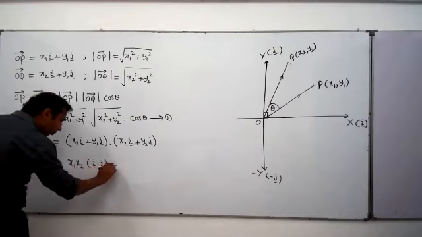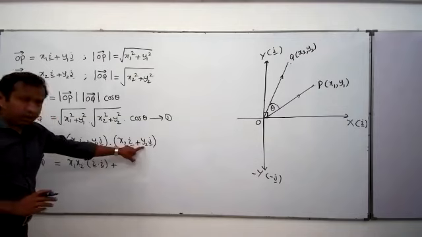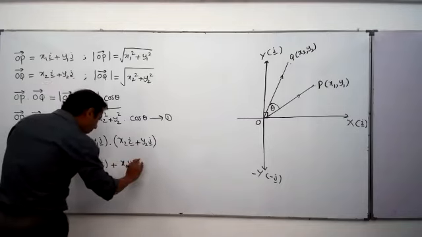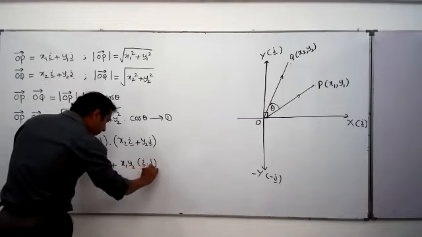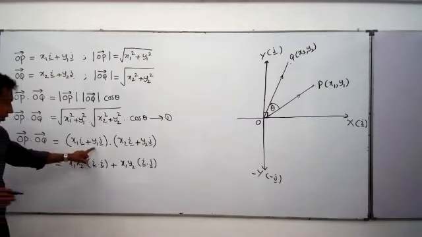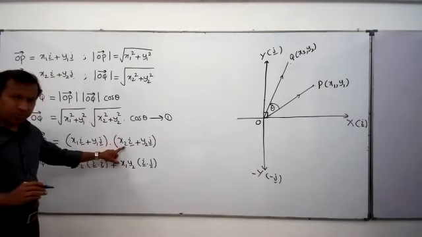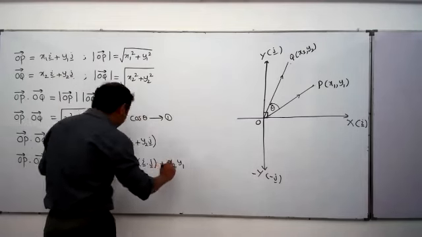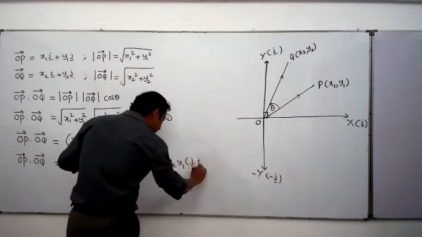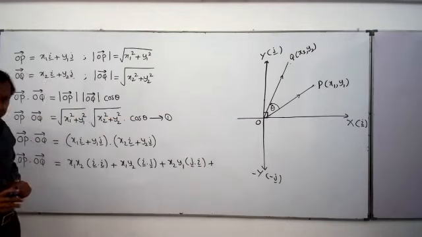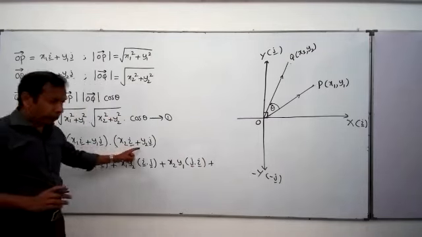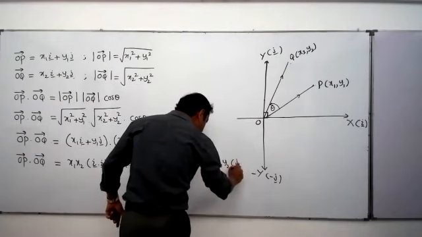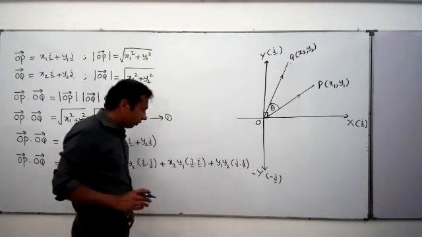Then x1 y2, i dot j. Next, x2 y1, j dot i. Plus y1 y2, j dot j.